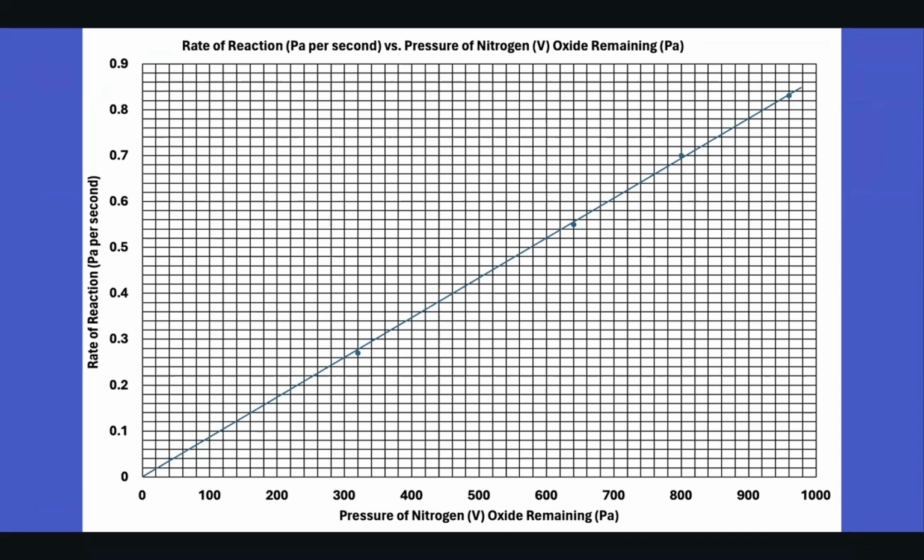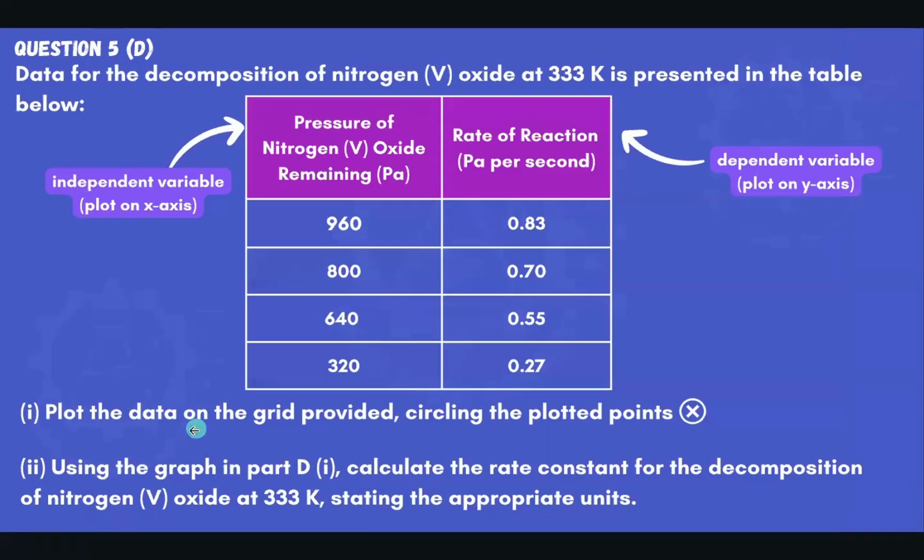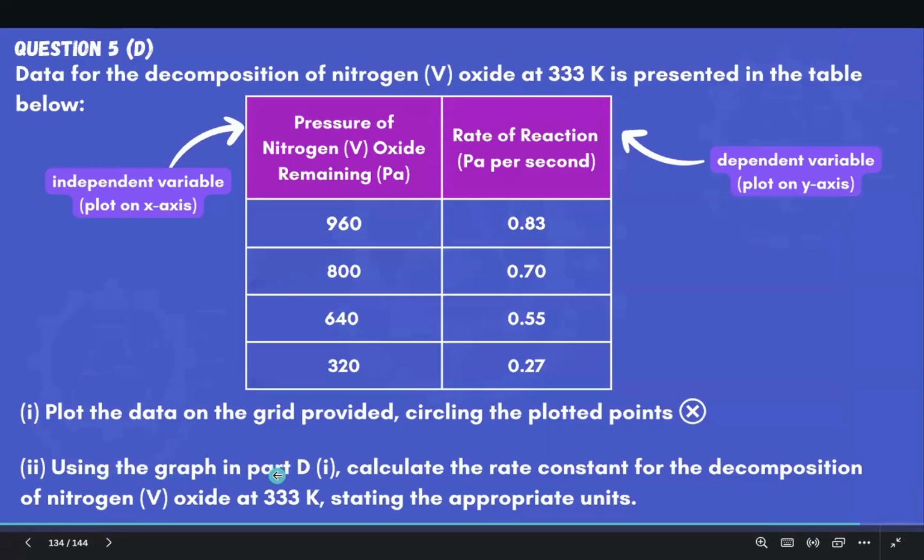Now, once we've drawn the plot for D part I, we're then expected to use the graph that we just drew to calculate the rate constant, which is K, for the decomposition of nitrogen pentoxide at 333 Kelvin, stating the appropriate units. Okay?